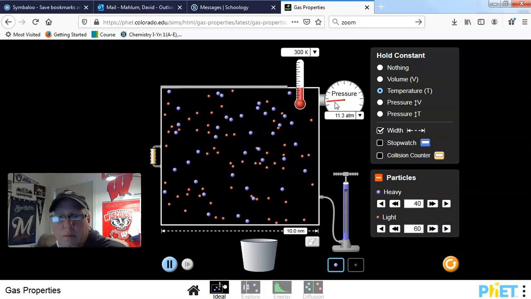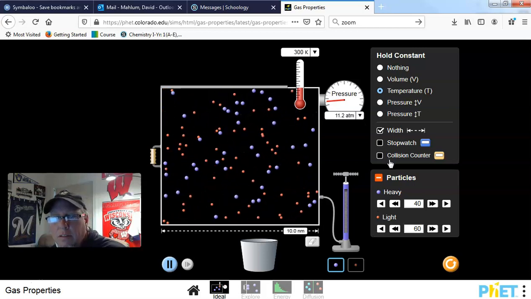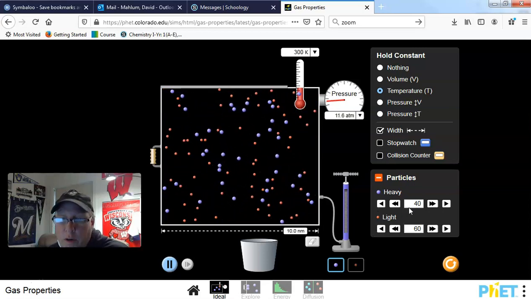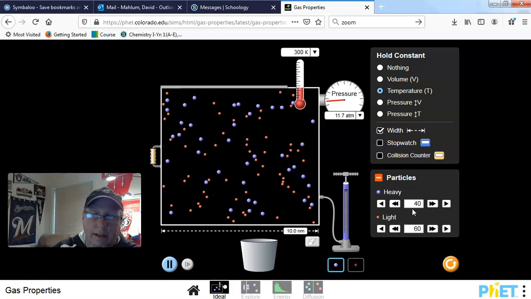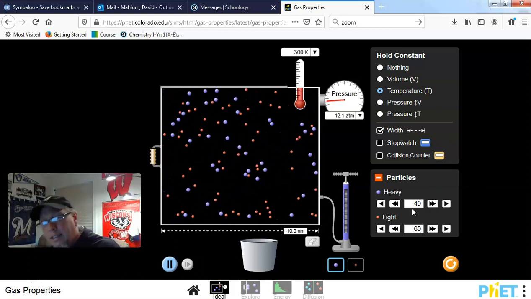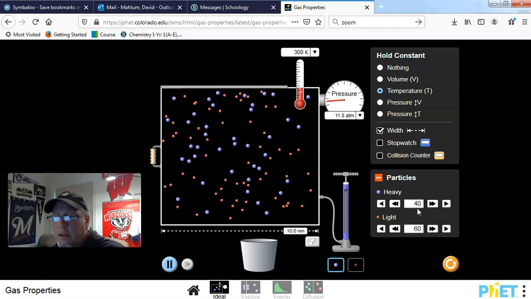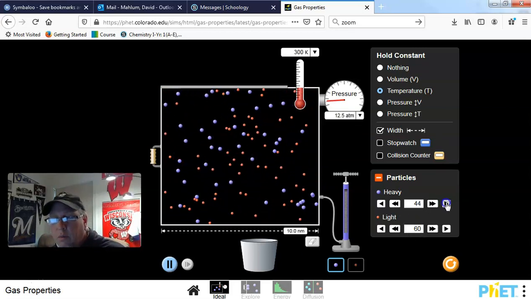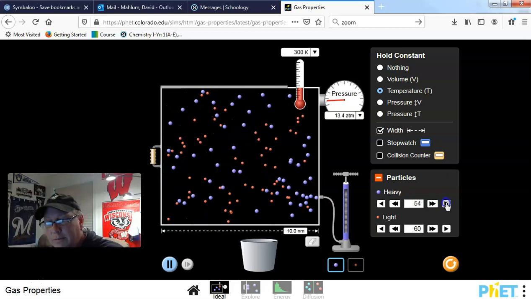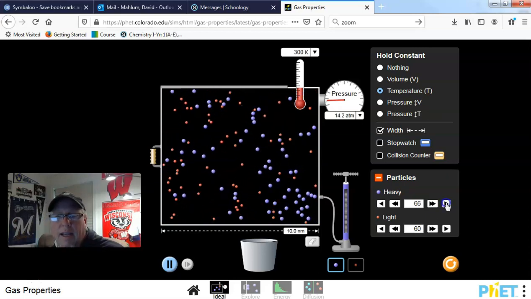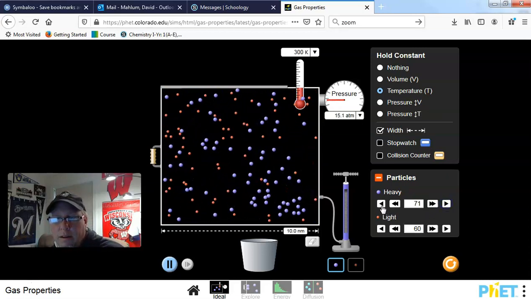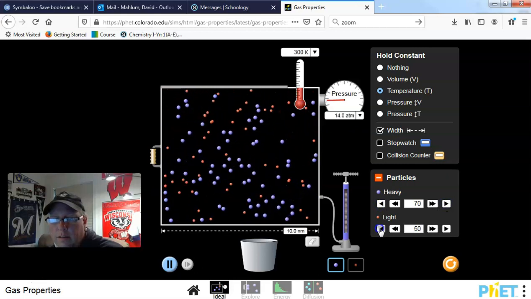The pressure is going to be right between 11.5 and 12. 40% of the pressure is going to be caused by the blue particles, and 60% of the pressure is going to be caused by the red particles. Well, what if it was split the other way? What if this is 70, and what if the other one is 30?